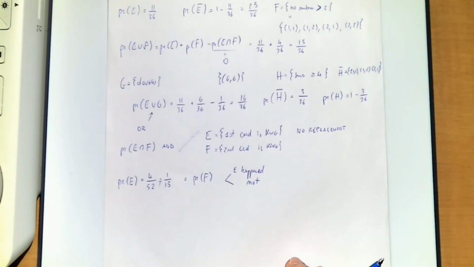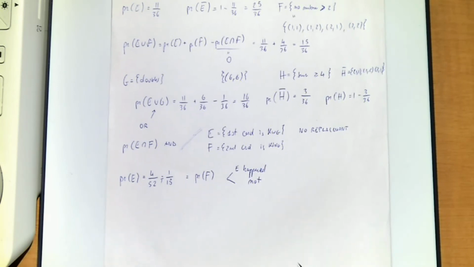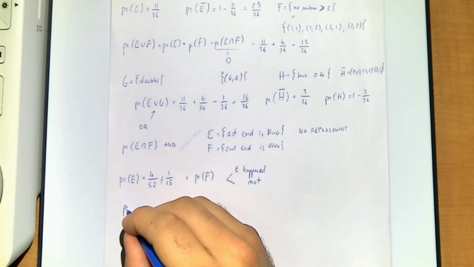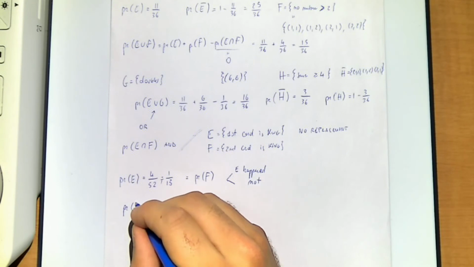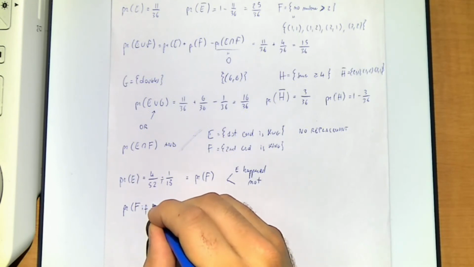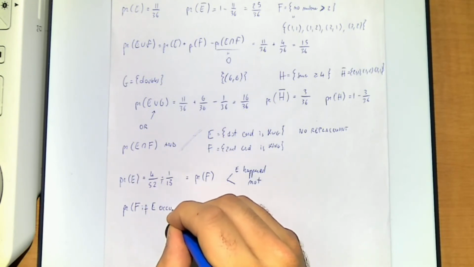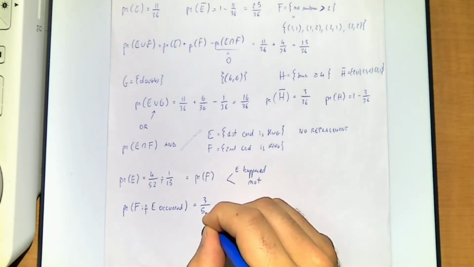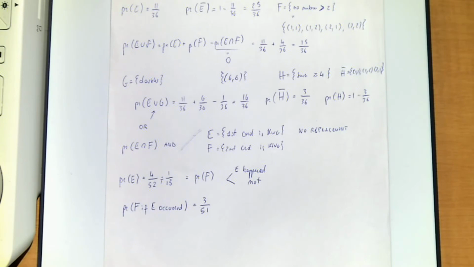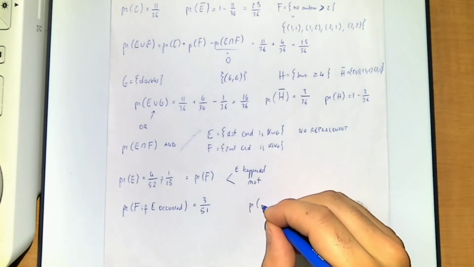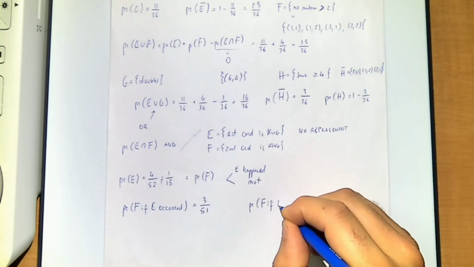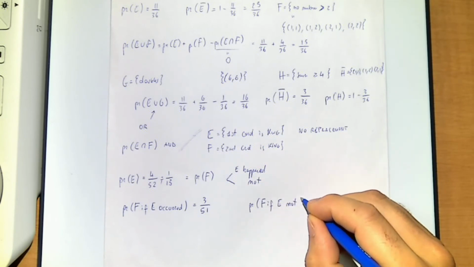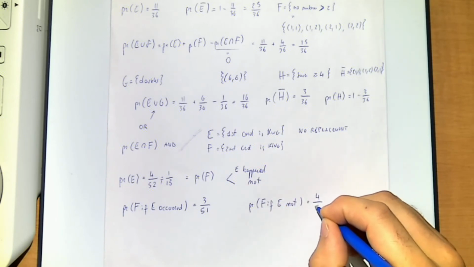And so what we have is that the probability of F, if E occurred, is actually less. It's 3 over 51, right? Because I took that first card out. But the probability of F if E did not occur is 4 over 51.